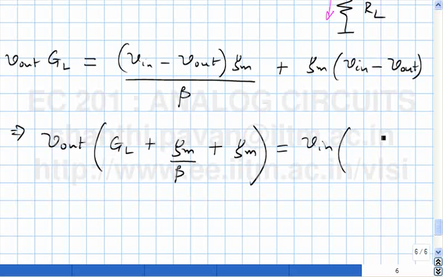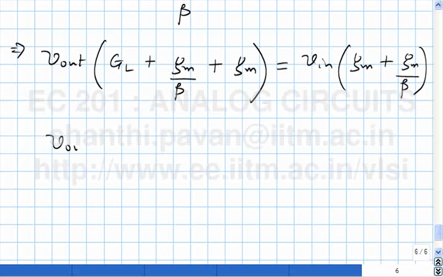V in times (Gm plus Gm by beta). So V out by V in is given by the following expression.